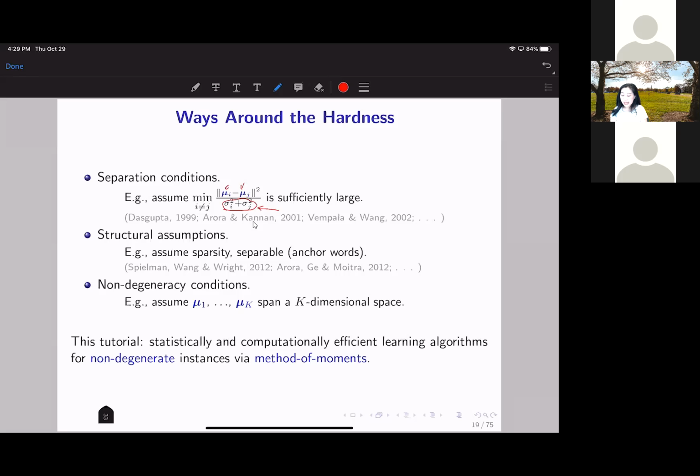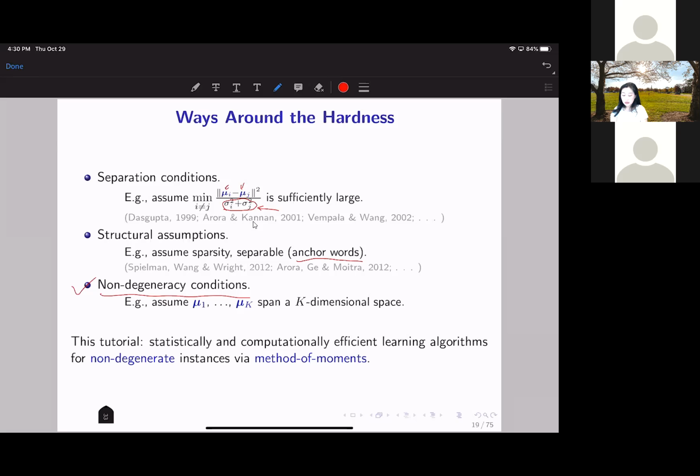For example, anchor words is a separable condition on the mixture of Gaussian model. I don't want to give too many details here, but more importantly, I'm trying to introduce the so-called non-degenerate condition. This is the condition we'll be focusing on, and I'll claim that this is a relatively mild condition.